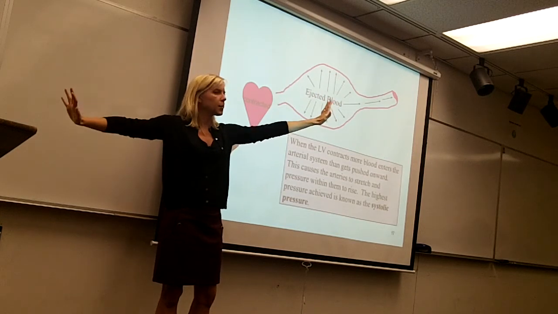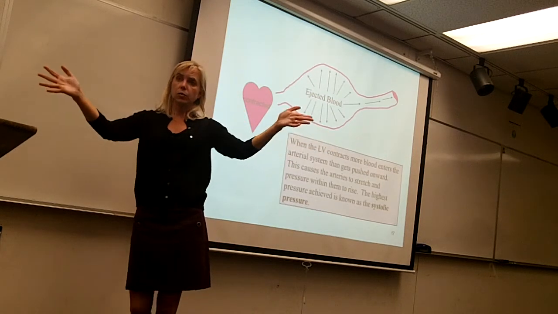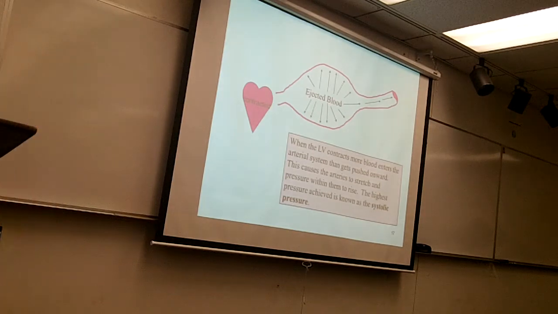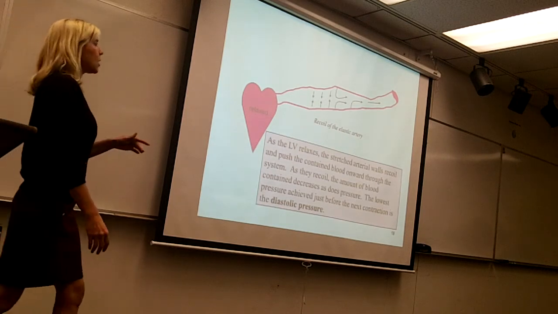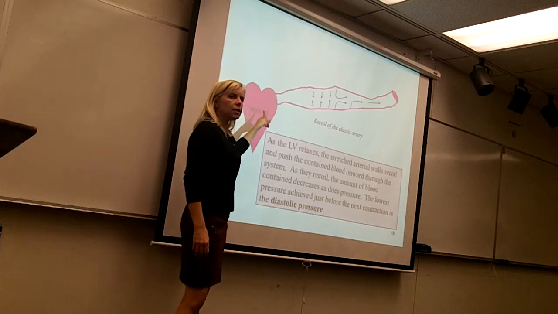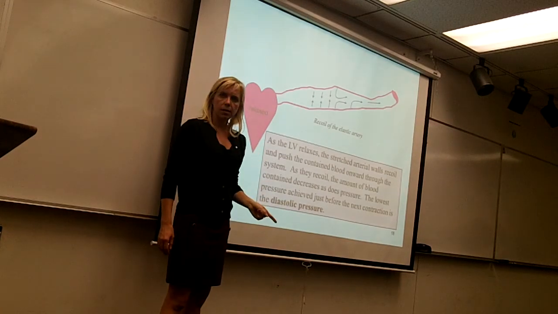That's your systolic pressure, your larger number. When the vessel recoils, it does so through its elastic properties, and that helps push the blood further down the vasculature. You see, you still have blood flowing even when your heart is resting.